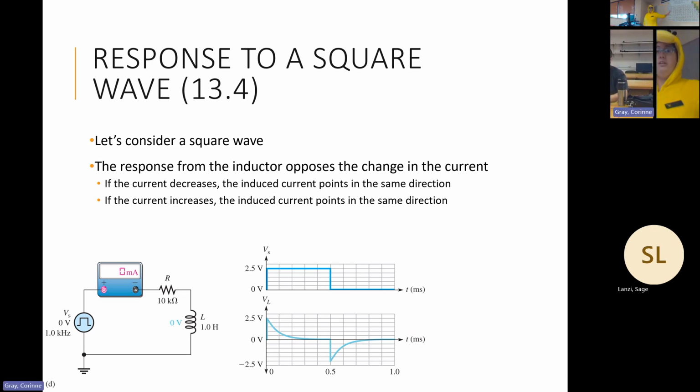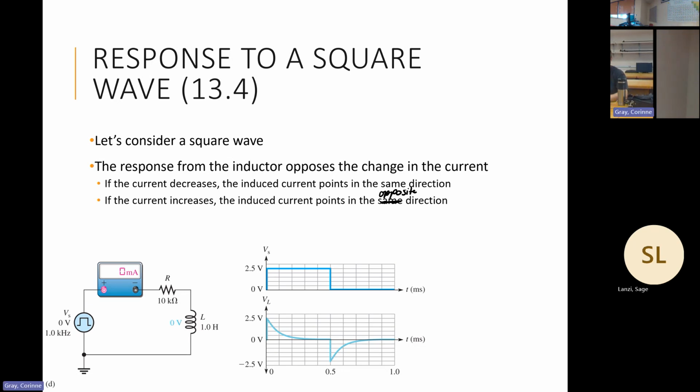This is voltage, not current. The text says the current increases the induced... oops, yeah, I copied a sentence because I don't want to type it all out. So let's look at these graphs.